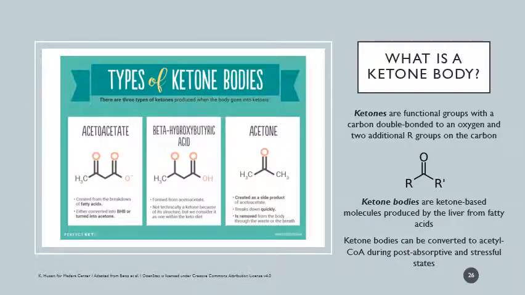These ketone bodies are an accumulated form of this breakdown and metabolism of fat, but they can then be turned into acetyl-CoA. So you can produce ketone bodies from acetyl-CoA, and then you can also convert ketone bodies back to acetyl-CoA during post-absorptive states and stressful situations where you need quick access to acetyl-CoA to power the Krebs cycle.